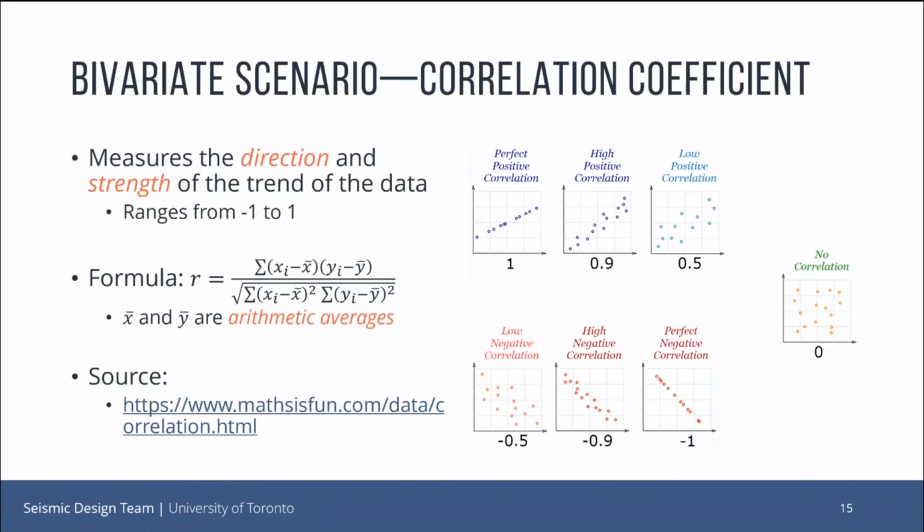All right, so before we move on to the next scenario, we're going to quickly go over two measures that are commonly associated with bivariate scenarios. We're not going to go over this formula because we really don't worry too much about this coefficient. This is called the correlation coefficient, and all it does is measure the direction and strength of the trend of the data.